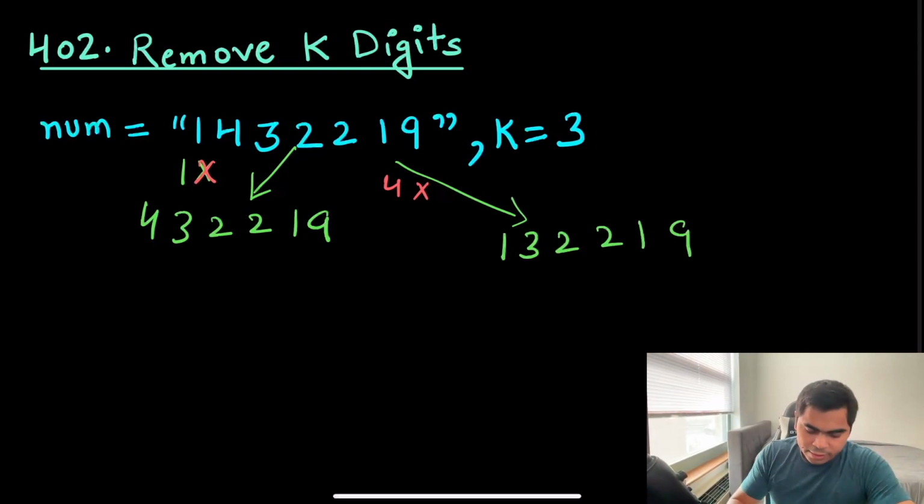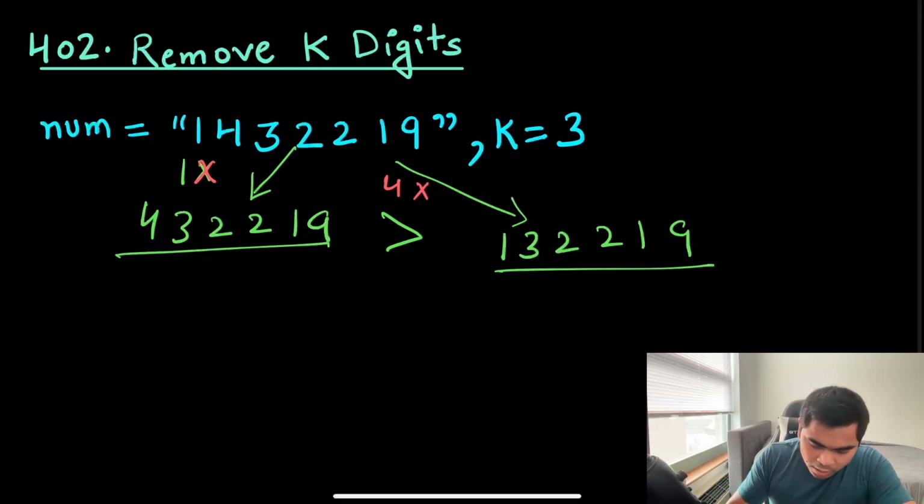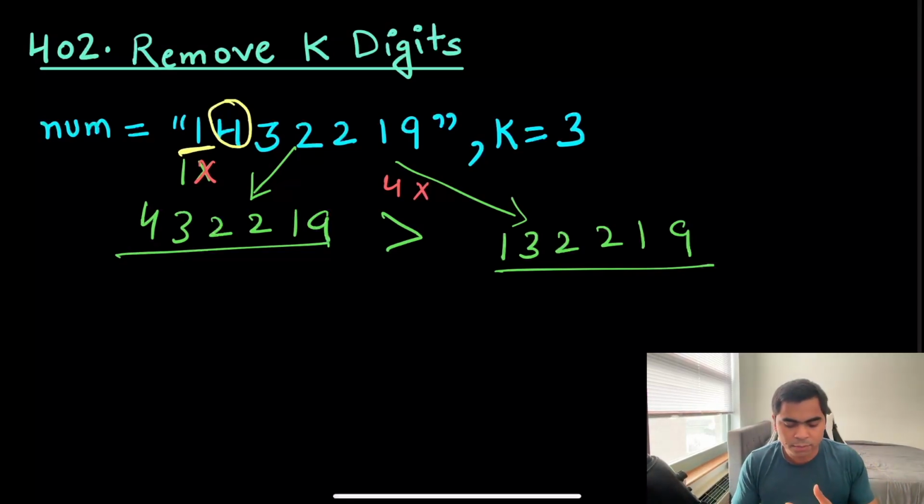Now if you compare these two numbers, the first number is greater than this number. So removing 4 and not 1 was actually helpful for us to create a smaller number.